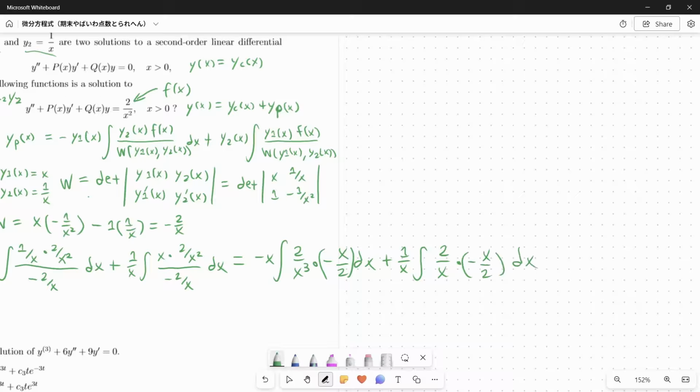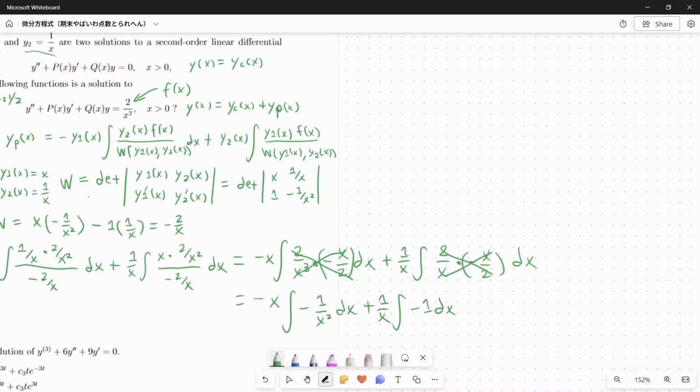And then you can see from here, a lot of the terms in these integrands are going to cancel, so these integrals are also really simple to evaluate. So this can be reduced to negative x times the integral of negative 1 over x squared dx, since the twos cancel as well as the x's, plus 1 over x times the integral of just negative 1, because everything here is going to cancel.